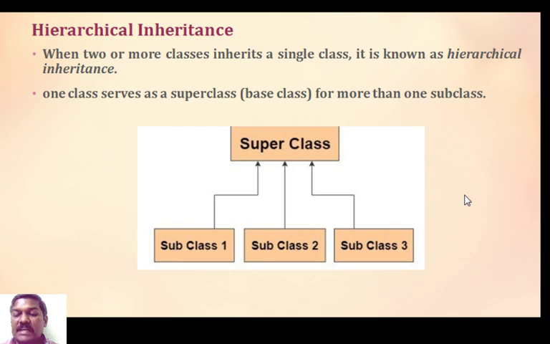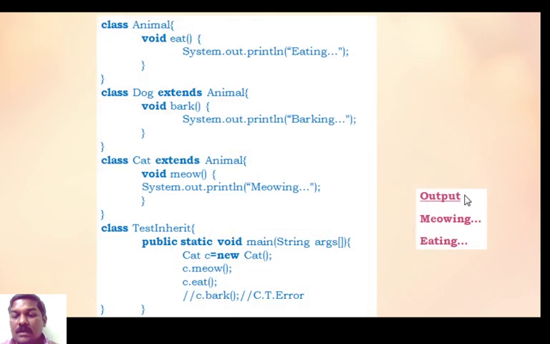Likewise, we can create one superclass, and that superclass can have various derived classes like subclass 1, 2, 3, and so on. So n number of classes can be derived from the superclass. So this is the concept of hierarchical inheritance. Now we look at the example of hierarchical inheritance.